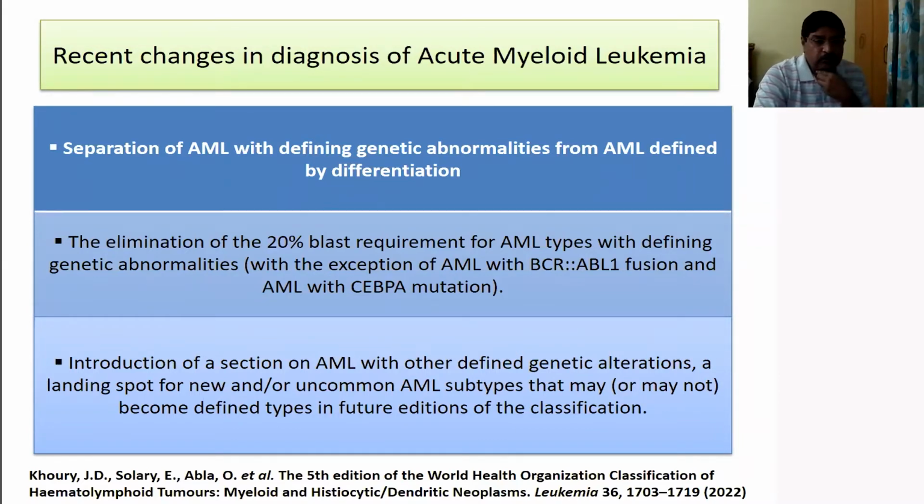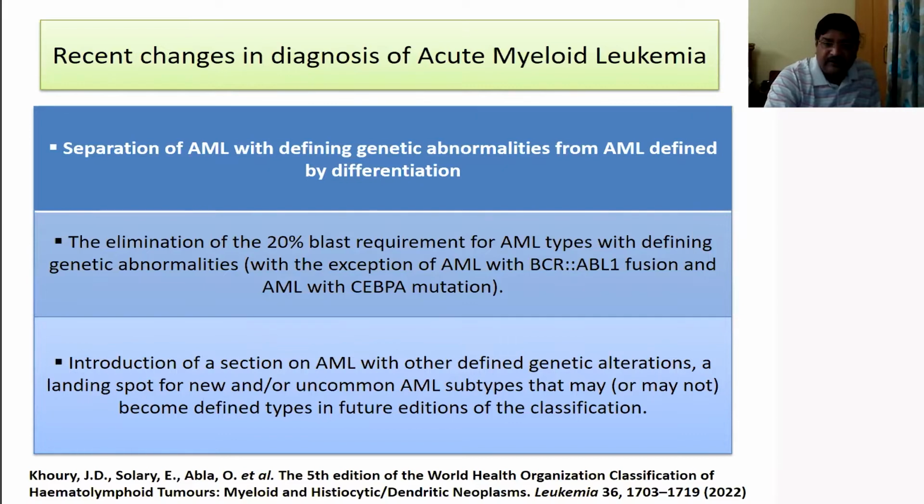What we have done now is done away with the 20% minimum requirement of blasts in AML with defining genetic abnormalities. In AML with defining genetic abnormalities, the 20% threshold has been done away with. If you have myeloid blasts, whatever the percentage, but you have those genetic abnormalities, either cytogenetically defined or molecular genetically defined, you call them AML.